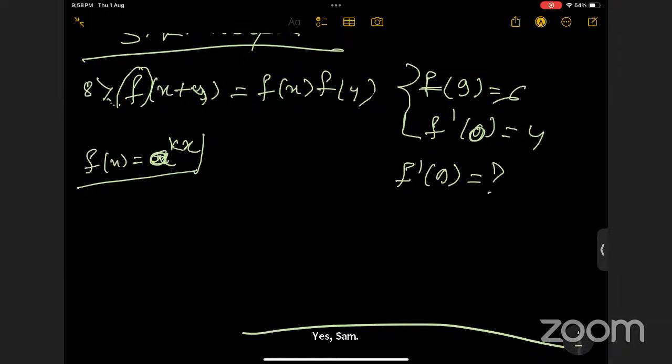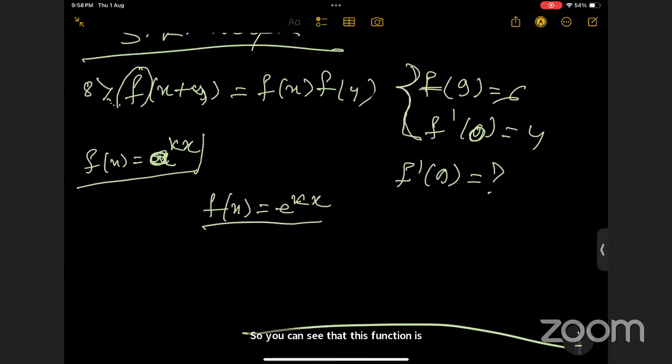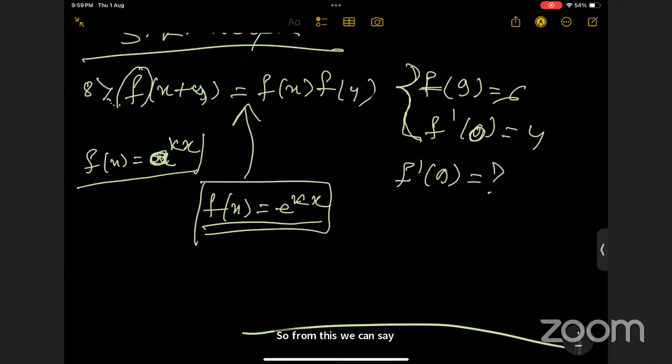In the earlier example we were discussing, f(x) equals e power kx, this function is not satisfying these two initial conditions. So from this we can say that this is not an example for this particular function.